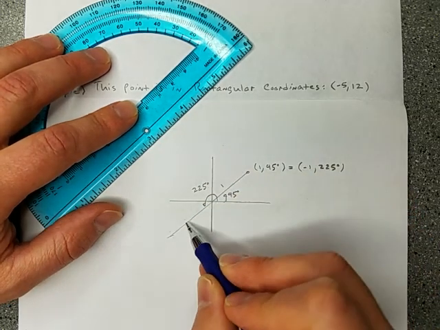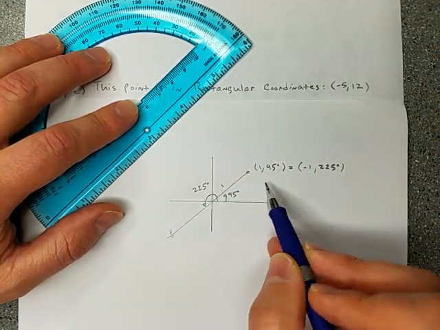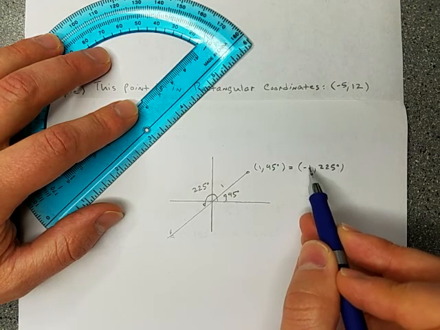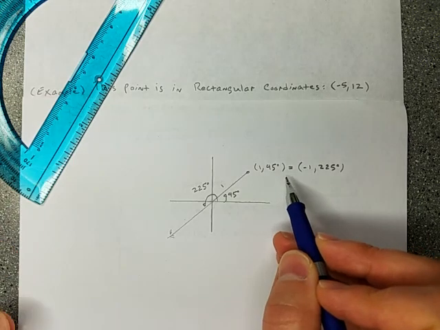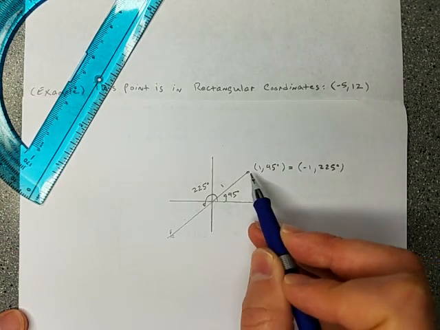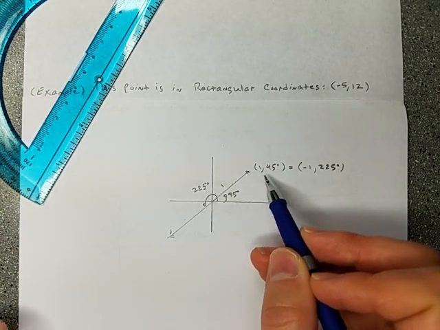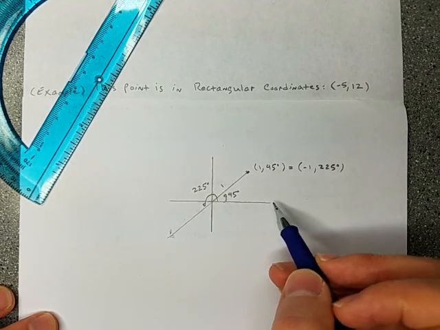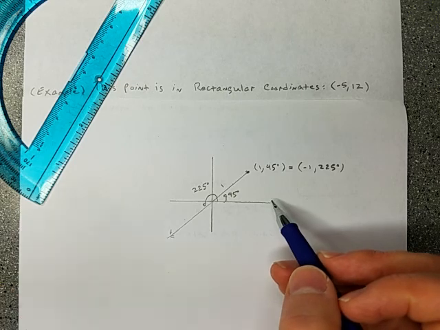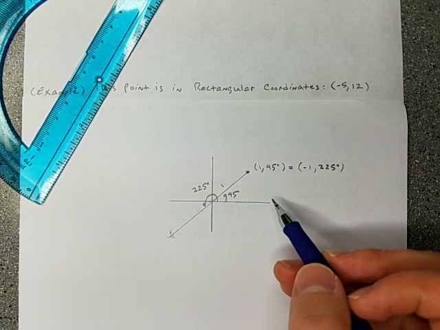But then if I've established that direction right there, and I then go backwards 1, I'll still get here. Okay, so these are two different polar coordinates for the same point. So there are unlimited ways that you could represent any point in polar coordinates.